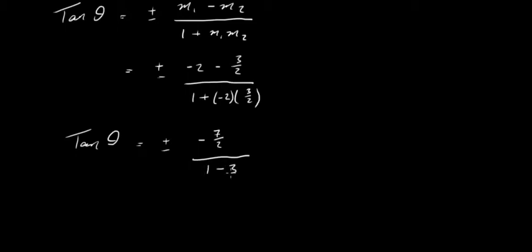Okay, so this will just give me minus 7 over 2 all over minus 2. So this is just going to be plus or minus 7 over 4.